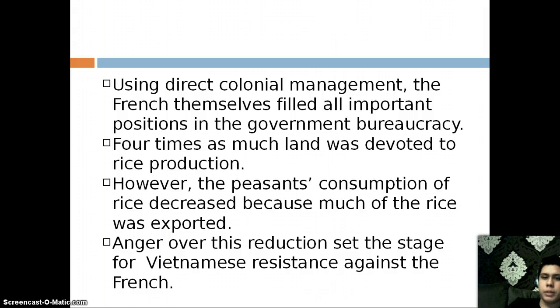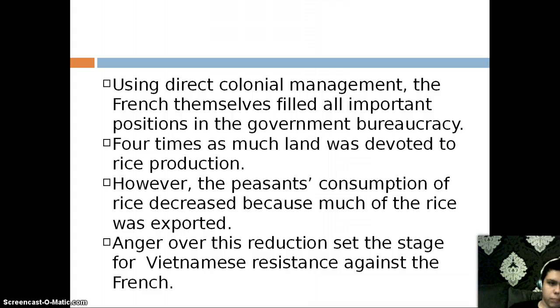So this sentence means that all government officials would be French, because the French filled all the important positions.